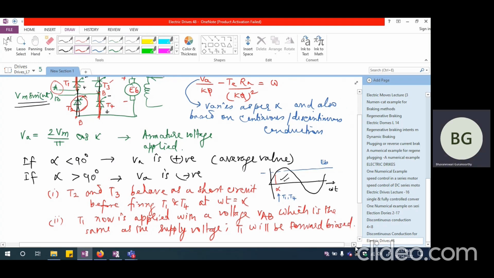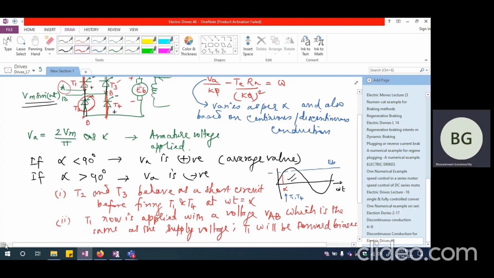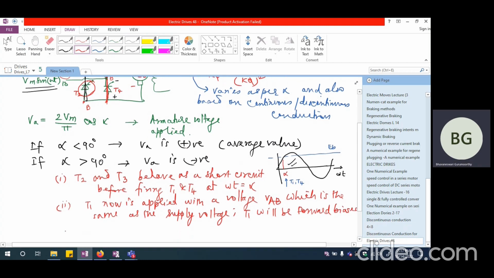So T1 is going to be forward biased. So now that T1 is forward biased, T4 behaves the same way as T1.